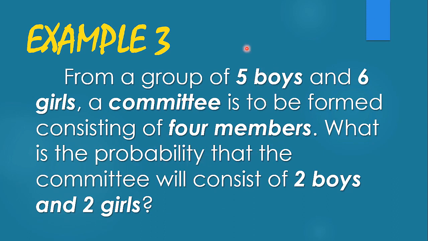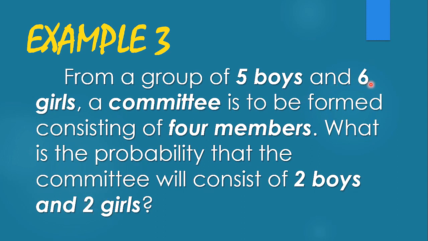So again, we have 5 boys, and then you have to select 2. So you have 5C2, or the combination of 5 taken 2 at a time. And then times, since we used "and," this is multiplication. We have 6 girls, then we need to select 2 girls only.